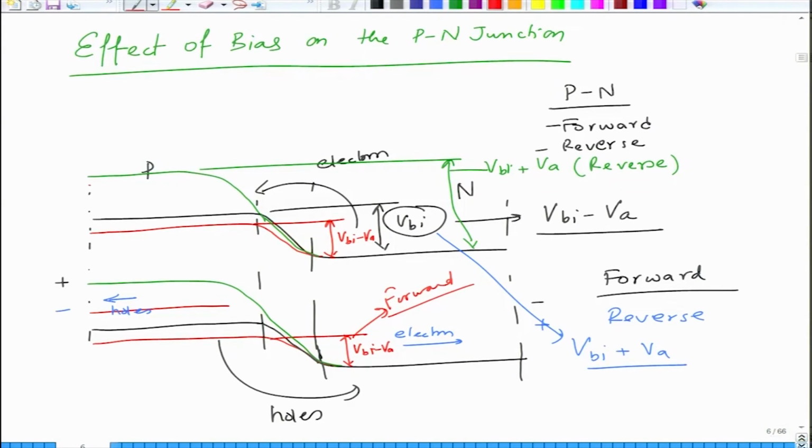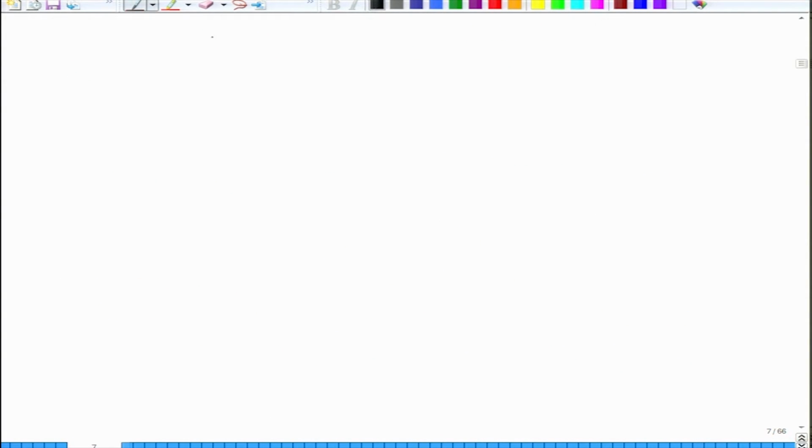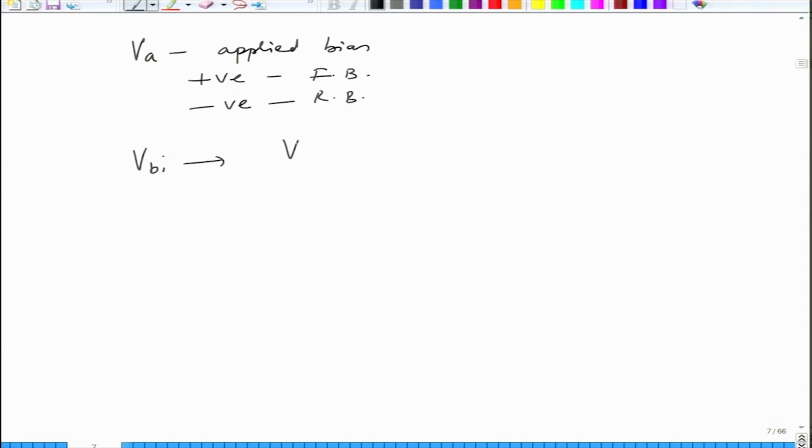Let us say we have applied potential VA. So, VA is the applied bias. VA is positive when it is forward bias and negative when it is reverse bias. So, we replace VBI by VBI minus VA. Depending upon the sign of VA, it will become plus or minus.